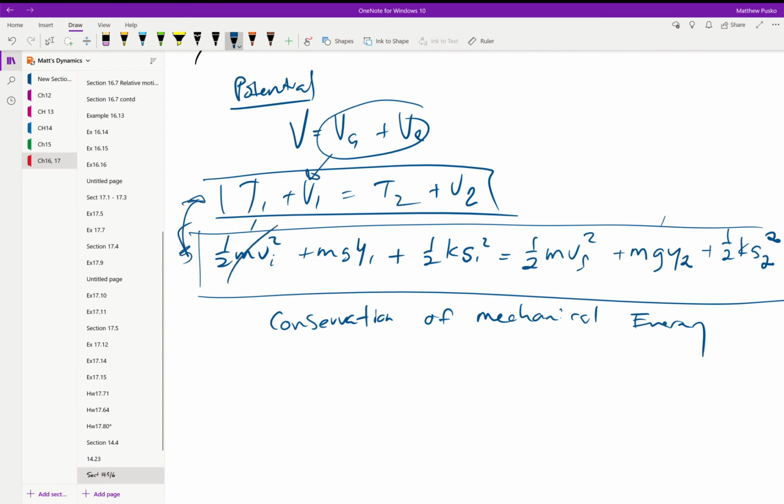If I don't need this thing, and it comes back down to the surface of Earth, so I don't need potential energy, and maybe the spring isn't stretched initially, I can just cross those out. It really simplifies things. Mass often cancels out. This is really my preferred method to try to attempt to solve a problem, and that's how I'm going to handle it. So that gets us into 14.6, the conservation of energy.